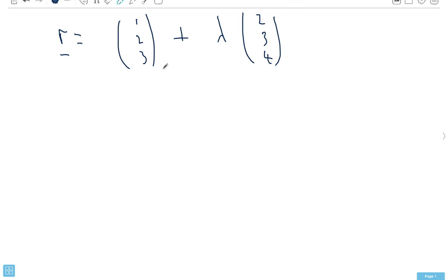So this line L passes through the point (1, 2, 3), and it's in the direction of the vector (2, 3, 4).